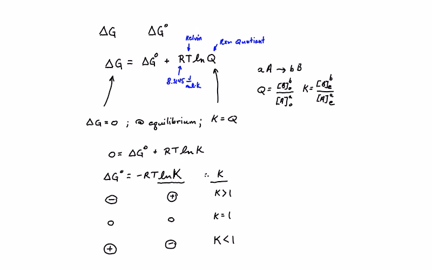So what we see here then is that when we have a negative value for delta G under standard conditions, we're in a situation where the products are going to be favored. And if we have a delta G under standard conditions that is equal to a positive value, because K is less than 1, then the reactants must be favored. And then for K to be equal to 1, the products and reactants must be equally favored.